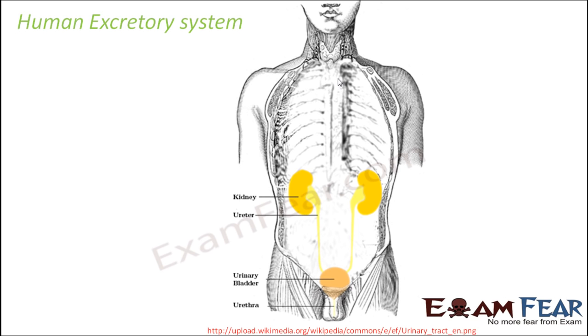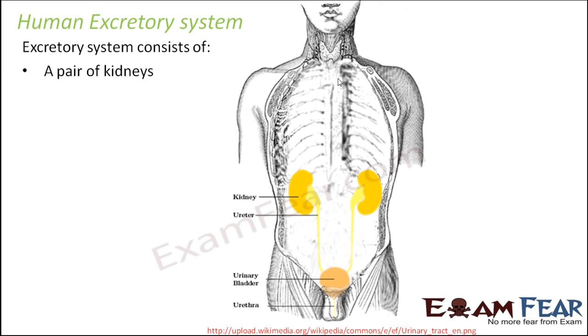It is not just one specialized organ which is present. A set of organs together form the human excretory system. The excretory system consists of the following organs: a pair of kidneys, as you can see here, 1 and 2. Then a pair of ureters, these tube-like structures which you see.